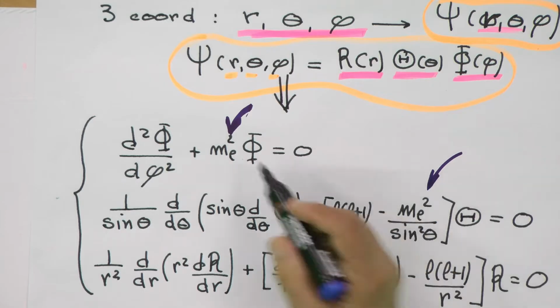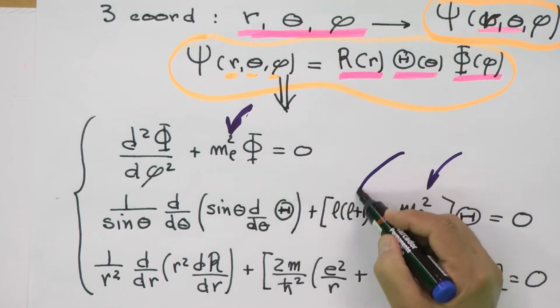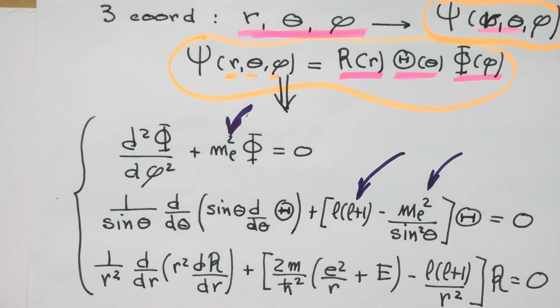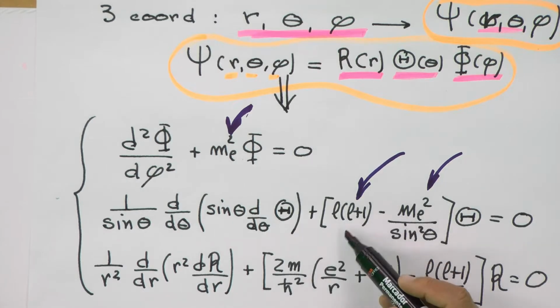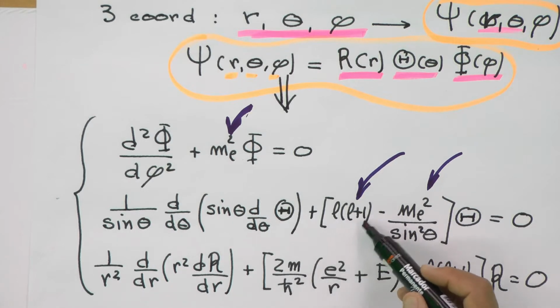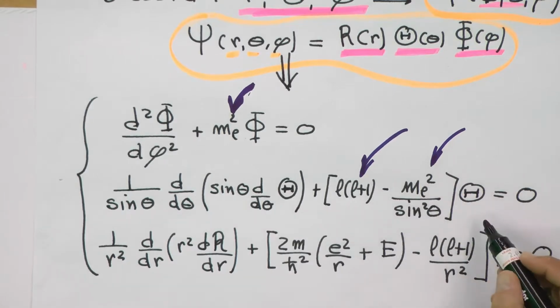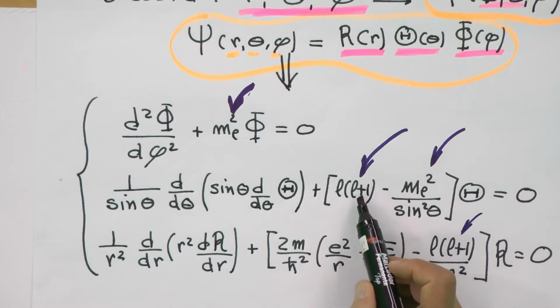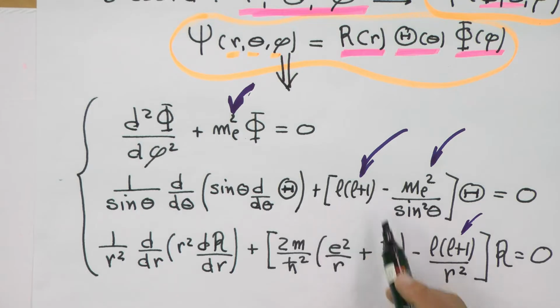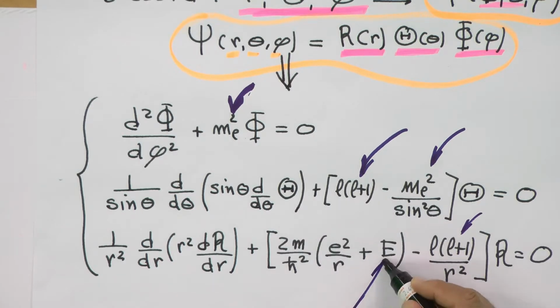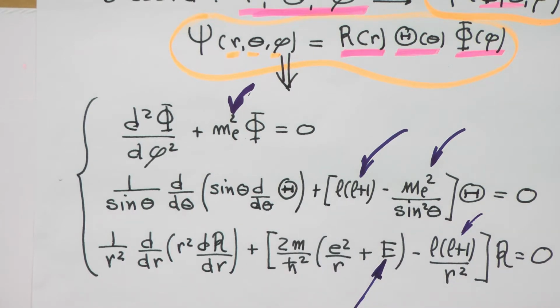So here we get the same constant, plus a new constant that we call L. And we wrote this constant as L times L plus 1. Right? And then finally, for the radial part, we get another constant. So we not only have in this equation that constant that appears in theta, but also the other constant, that's the energy. It's the other parameter.